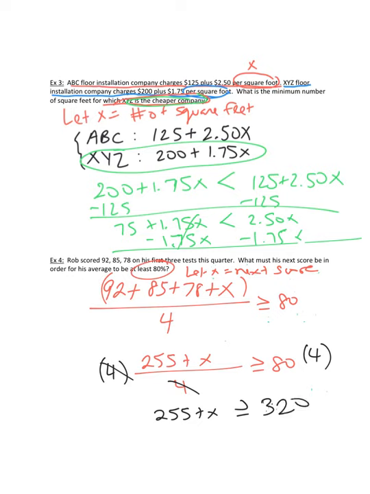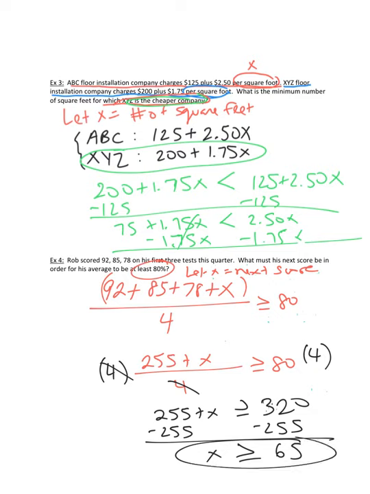And now I just subtract 255, and that tells me that Rob's next test score, X, must be greater than or equal to 65. So he has to get a 65 or higher in order to get his average of 80% that he wants. Okay, and we'll go over these in class.